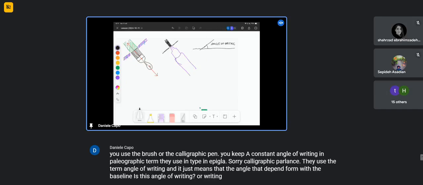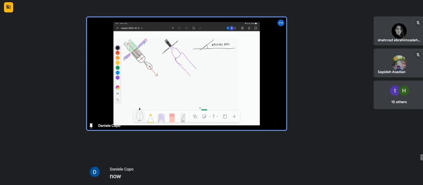Or writing angle, usually. Now, let's call it alpha. You keep this angle constant.